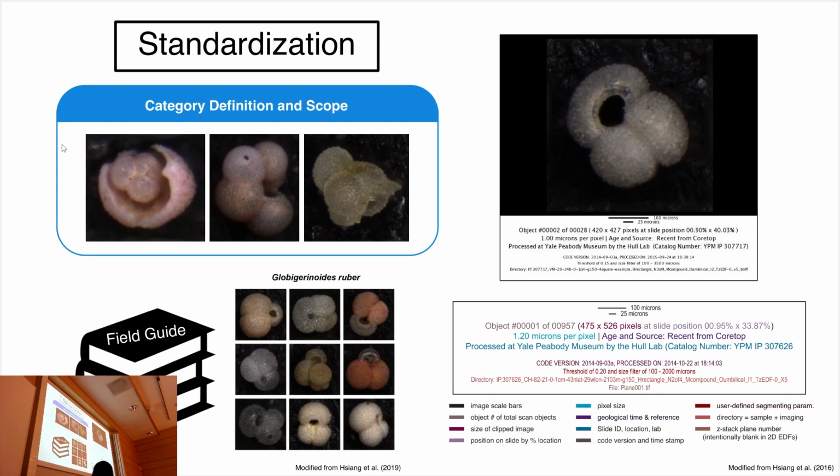But there are also things like, for instance, in our course classification, we were separating between things that were complete planktonic foraminifera, and things that were broken, fragmented. This is important because fragmentation rate of planktonic foraminifera is a really important thing that people measure through the fossil record to figure out things about what environment these things were living in, and what the preservation regime was like, and so on.